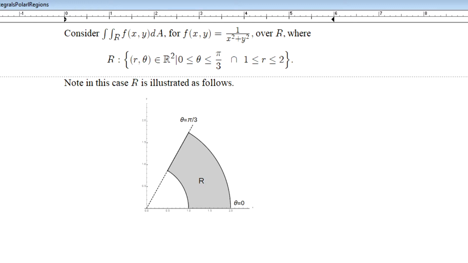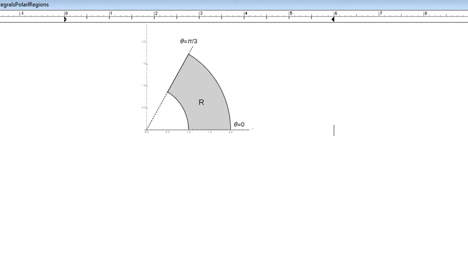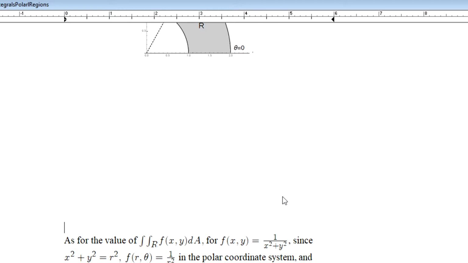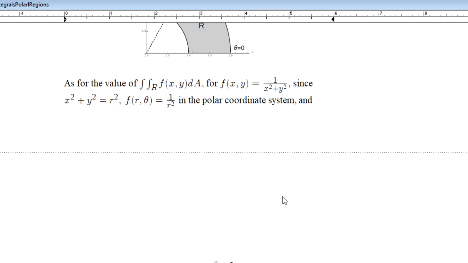Now, what our theorem says in terms of the calculation of this double integral, for the function f of x comma y: since x squared plus y squared is equivalent to r squared in the relationship between x and y and the value of r, we can express function f, where we find x squared plus y squared in the denominator, in terms of this multivariable function of r and theta.